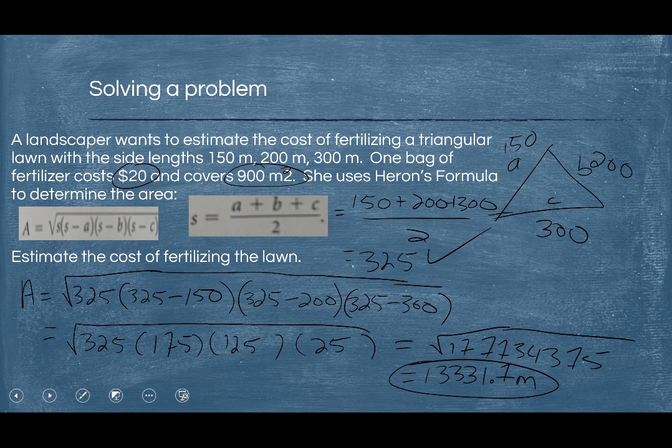I think I might have put a blank slide next. Let's see if I was smart enough to do that. Oh, just barely. And I've got 900 square meters can be covered with one bag of fertilizer. 900. Everybody remember that for me. So how many bags of fertilizer will I need to get my area of 1333.7 covered? That is square meters.